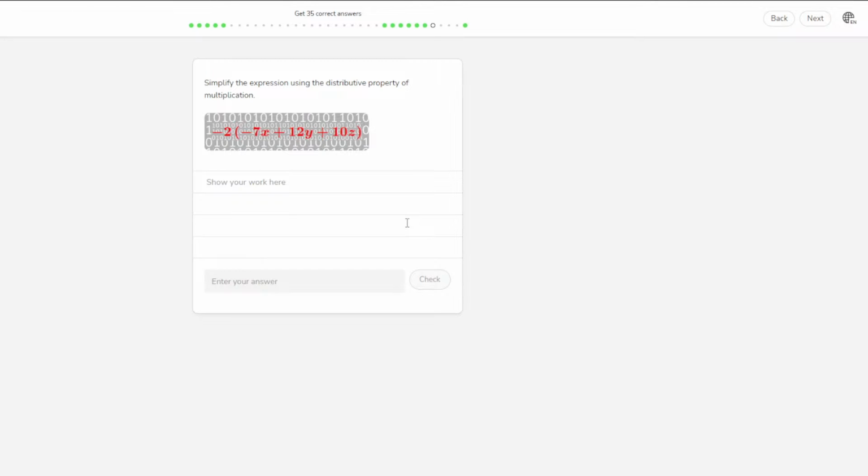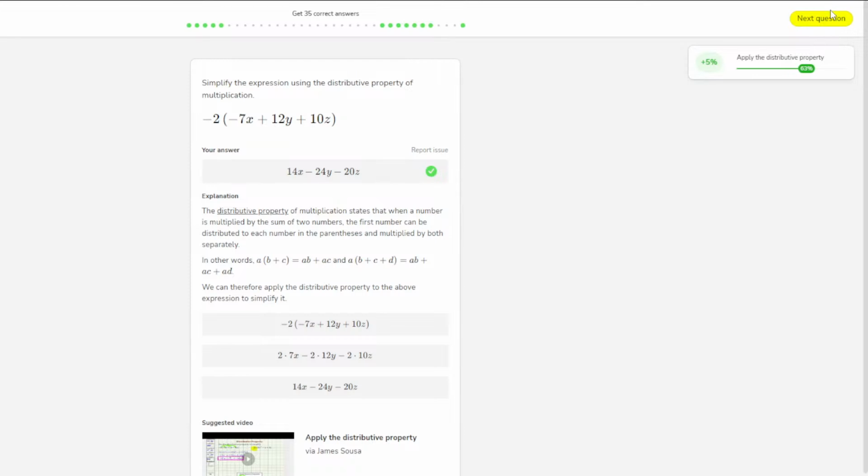Okay, this better work this time. That's 14x minus 24y minus 20z. Cool.